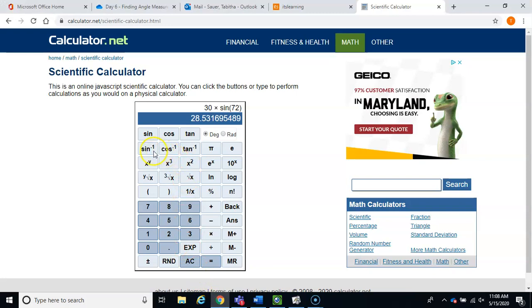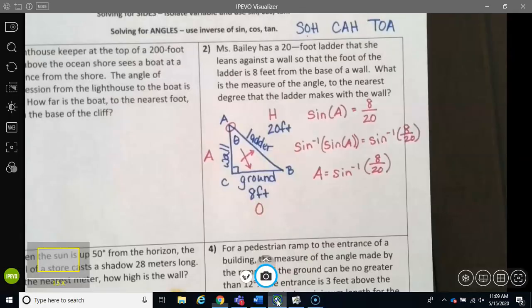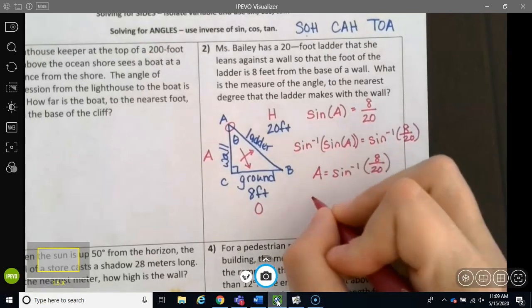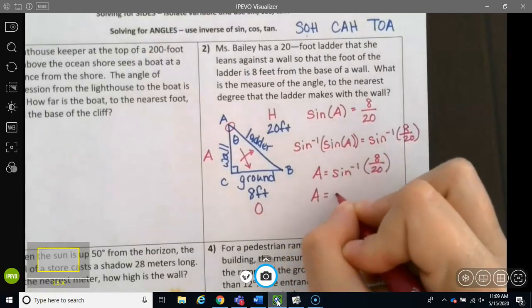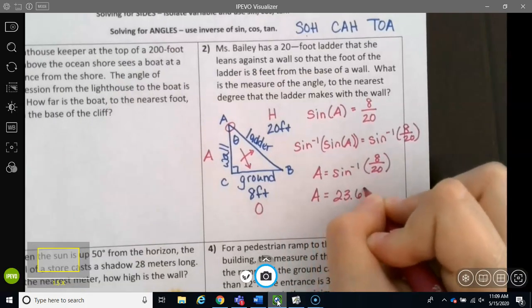So sine inverse of 8 divided by 20. And that gives us an angle of 23.57, so that would be 23.6. If they don't tell you what to round to, just round to the nearest tenth. So 23.6 degrees.